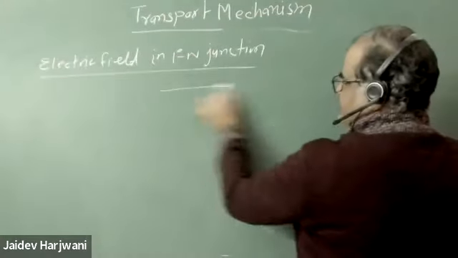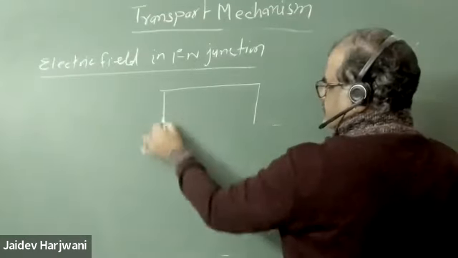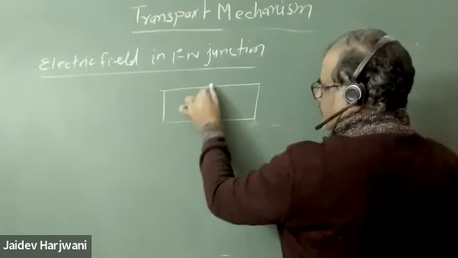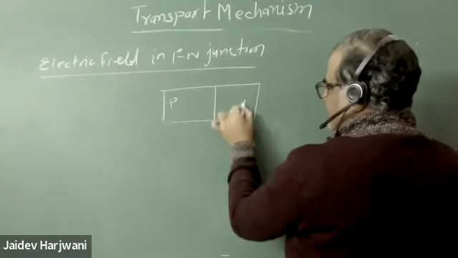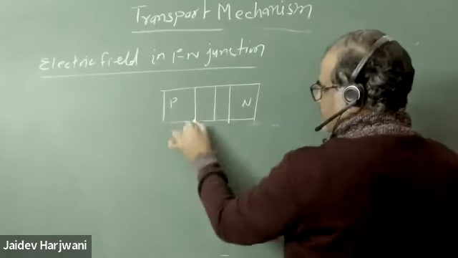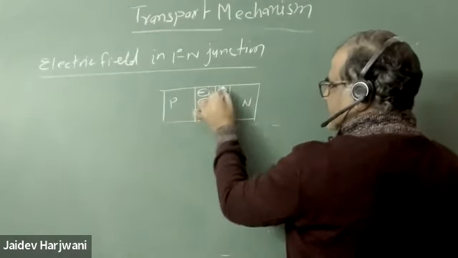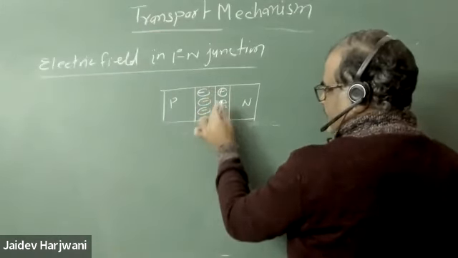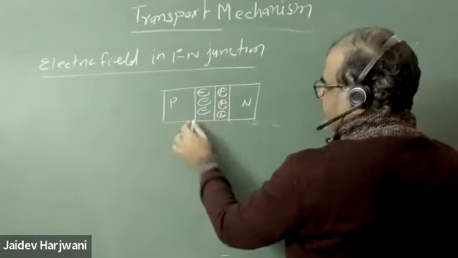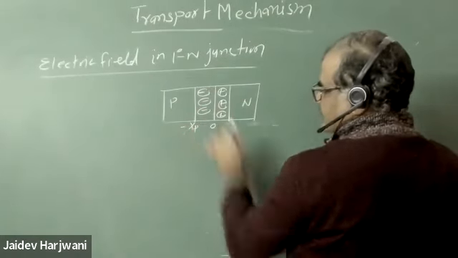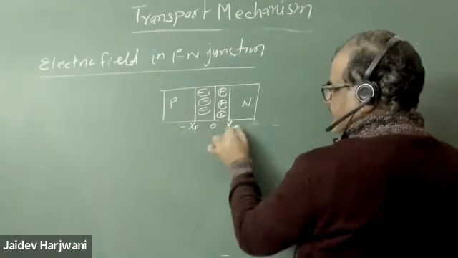I have this PN junction: the P side and the N side. Here I have negative ions, and here I have positive ions. Say this is minus Xp, this is 0, and this is Xn.